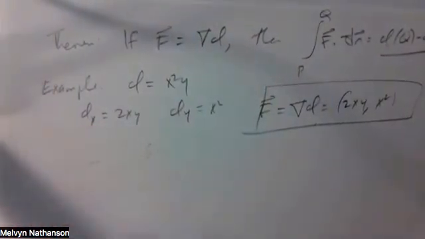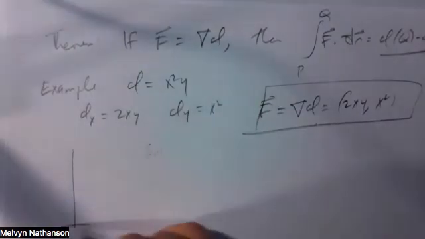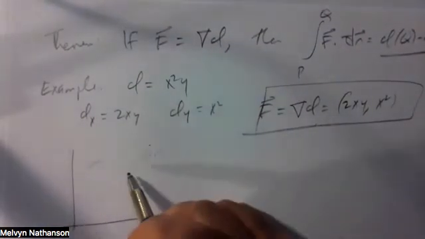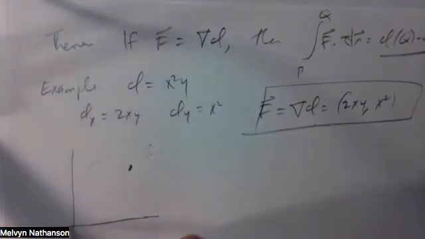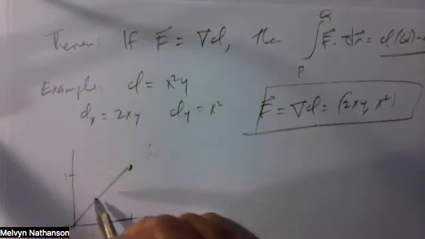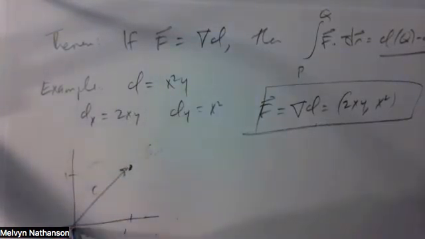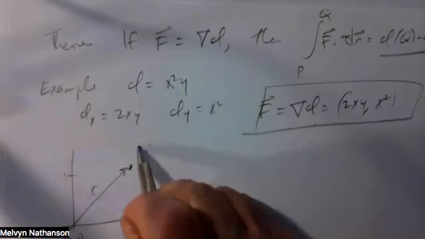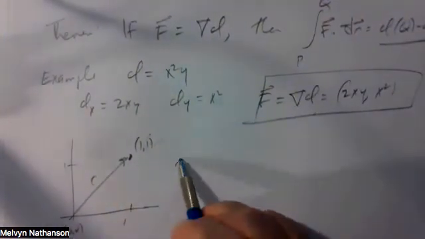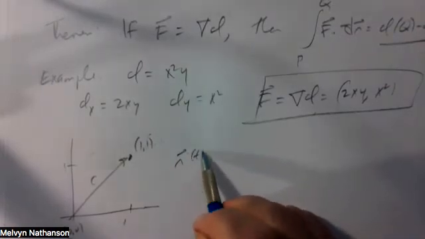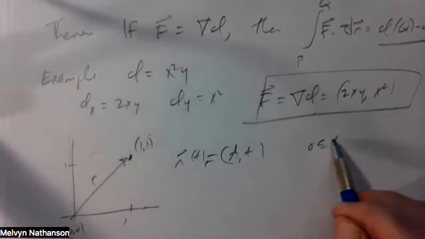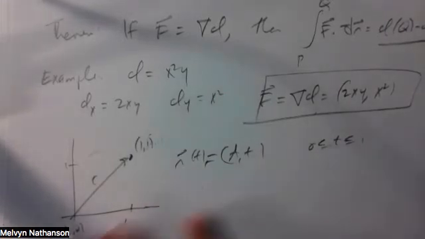My curve is the straight line from (0, 0) to (1, 1). One way to parameterize that line is r of t equals (t, t), where t goes from 0 to 1.